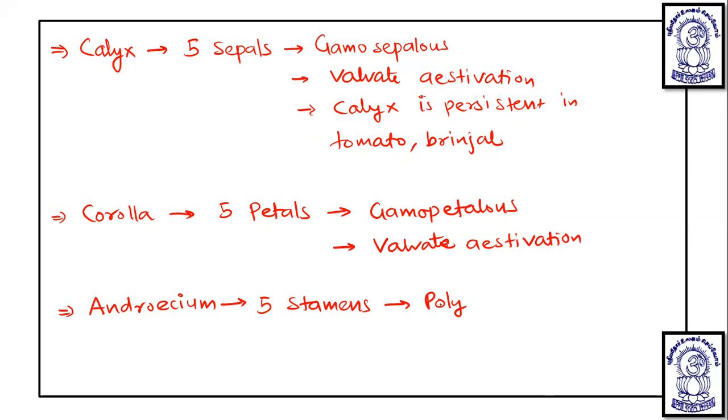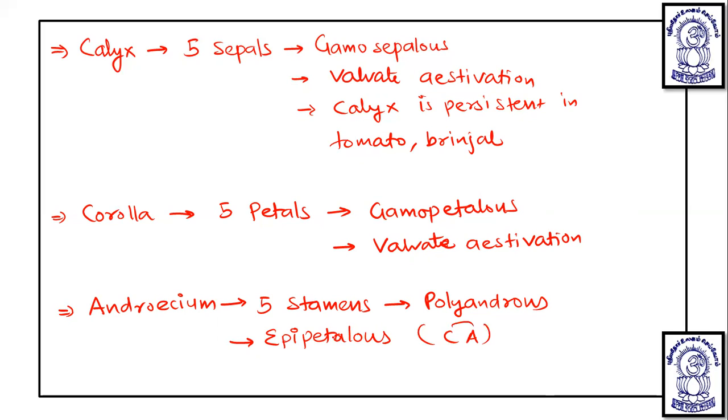So these five stamens are free, so it is known as polyandrous condition. But this androecium, or we can say stamen, is fused with the petal, so it is known as epipetalous condition, which is shown like this. So this is one of the important points with respect to the androecium.